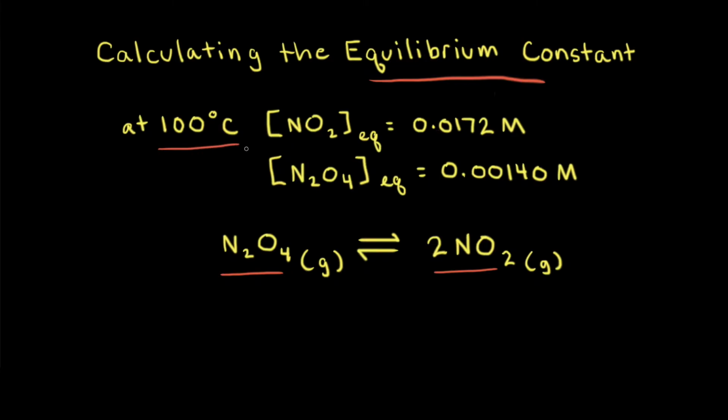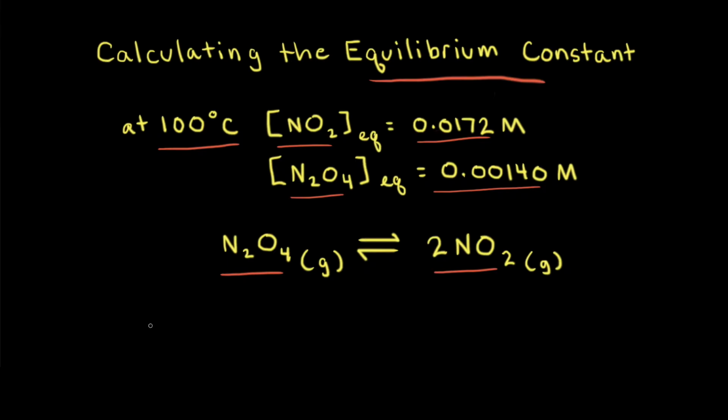At equilibrium, the concentration of NO2 is 0.0172 molar, and the concentration of N2O4 is 0.00140 molar.